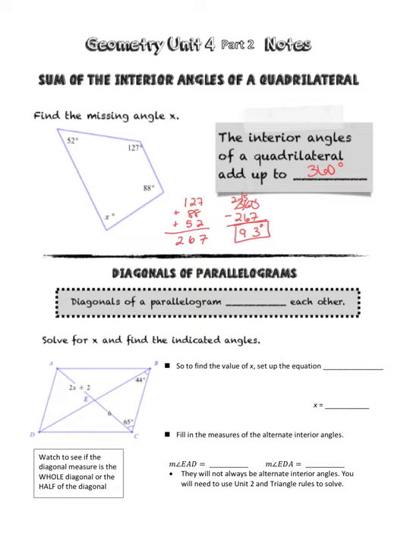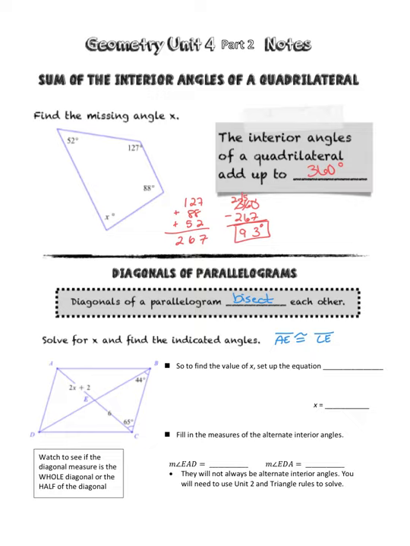Here, we're applying what we learned from the last lesson, applying what we know about diagonals of parallelograms. We know that they bisect each other. That means that AE is congruent to CE.